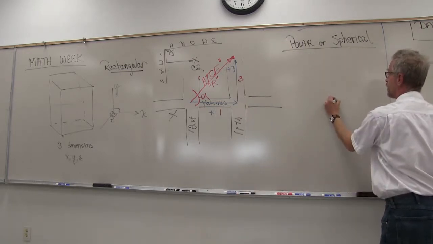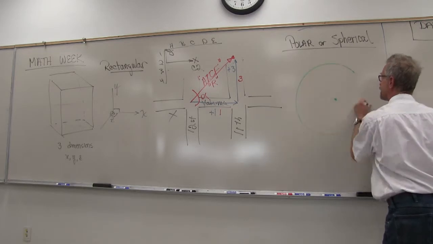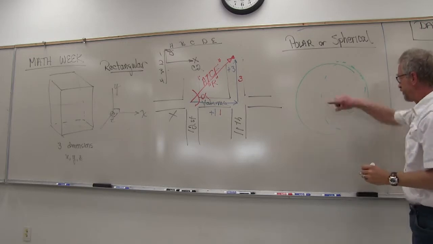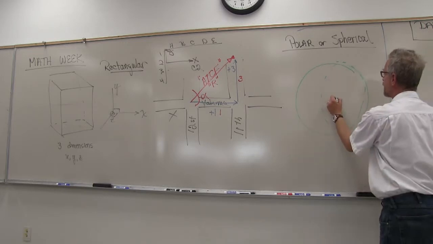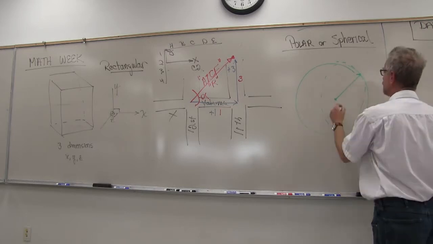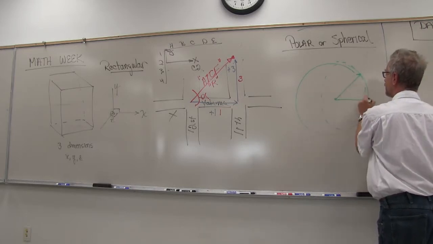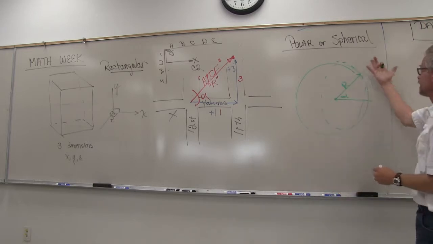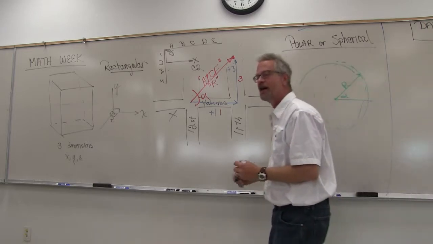Okay? Polar and spherical coordinates is where everything is enclosed in a 3-dimensional sphere. And from the center point to any point in the system, we can establish an angle and a radius. And from that, we can define any point in that entire system.